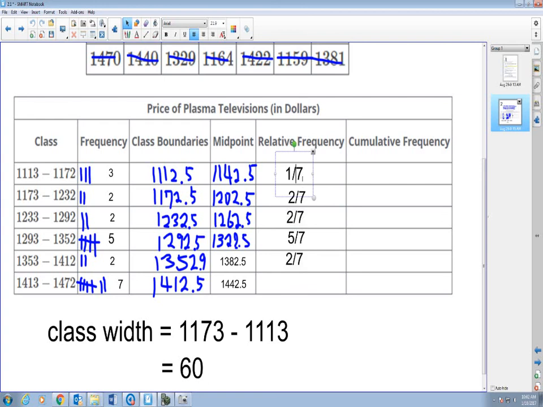Oh Lord, did I say 7 again? Oh, 2 out of 21. Sorry about that. These are 21 datas.